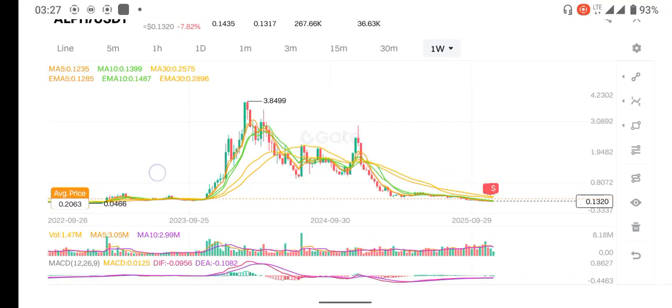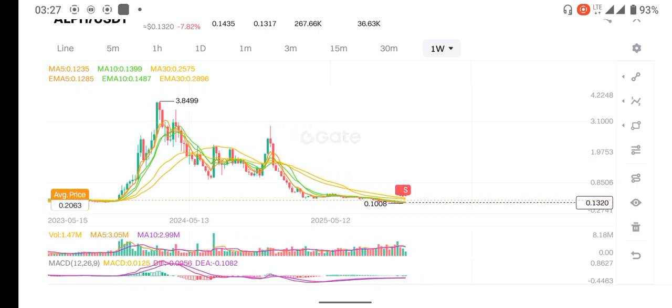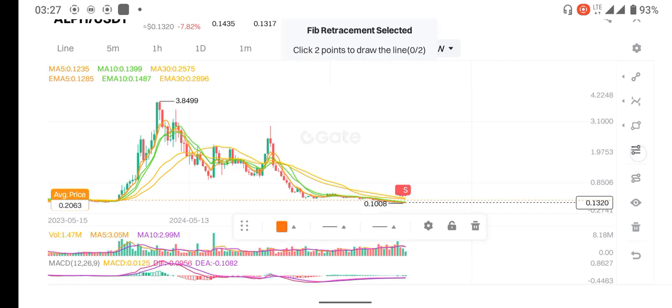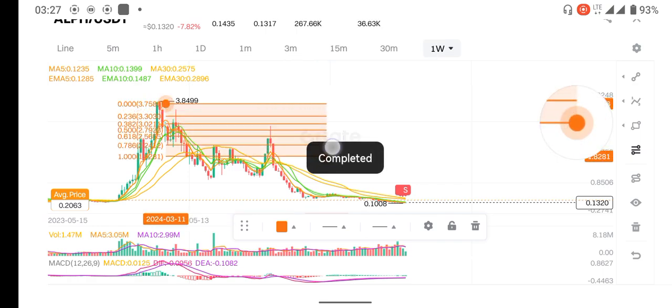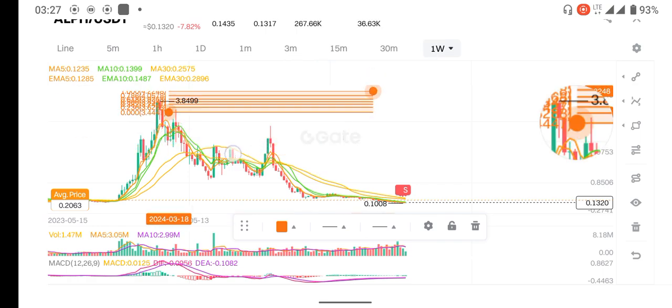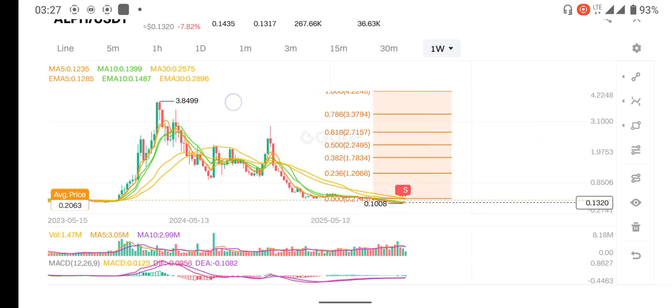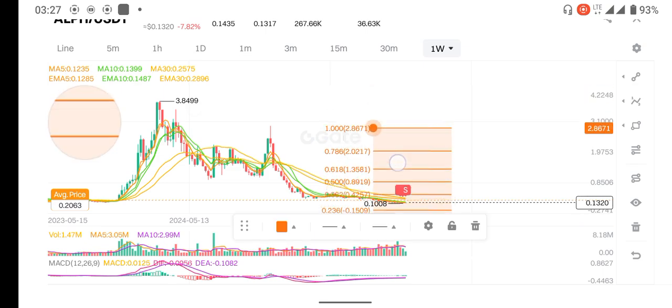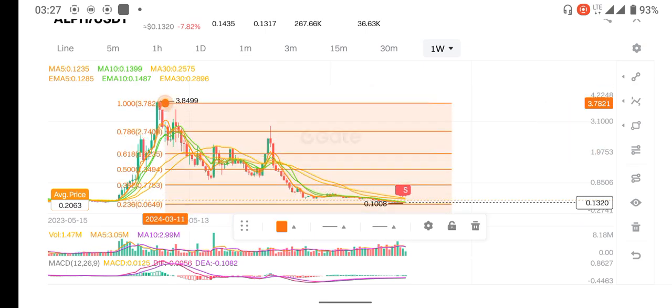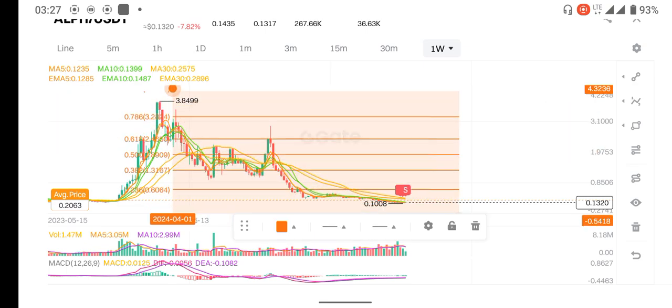In the weekly chart, we can see the candle represents a week. Okay, we had this point here, which was at $3.1, which is impressive. So let's pull up our Fibonacci retracement so we can have an idea of where the price can reverse to on a long-term basis, okay? Okay, just be patient.